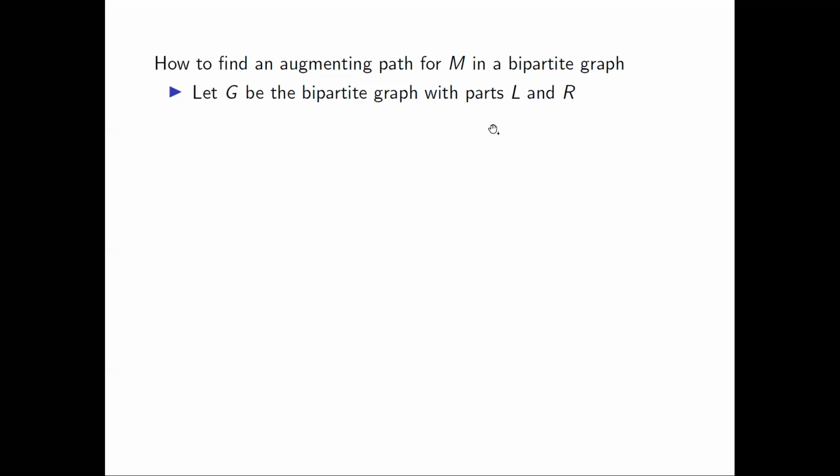So there's our bipartite graph G. We'll say that it has parts L and R. And maybe I'll draw a picture. So here's L, here's R, and we'll have some edges in this graph.